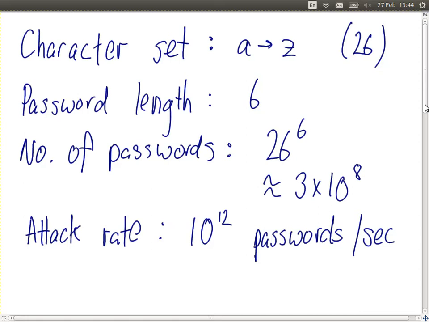So let's say we cannot increase the password length, therefore make the character set larger. Lowercase and uppercase allows 52 characters. But there are some other characters. We've got numbers. How many characters do we have available? We've got uppercase, lowercase, numbers, so there's 62.